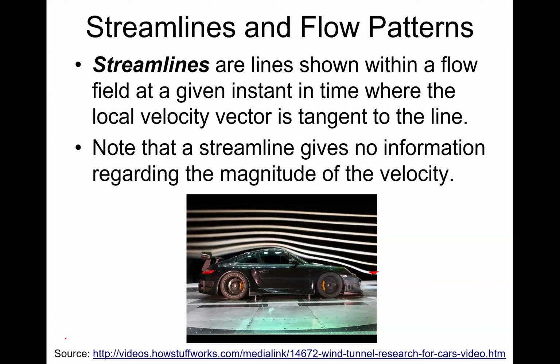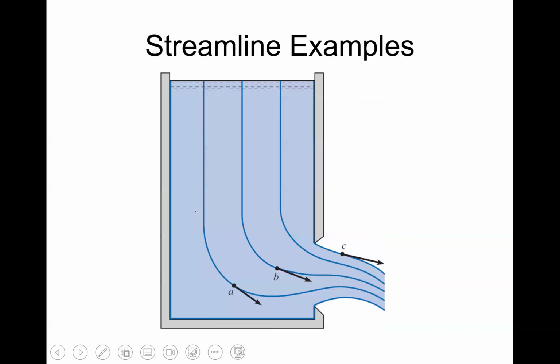A streamline is basically a way of showing where the fluid is flowing. The fluid that started here kept going straight, and you will find it at a certain later time going through that streamline.